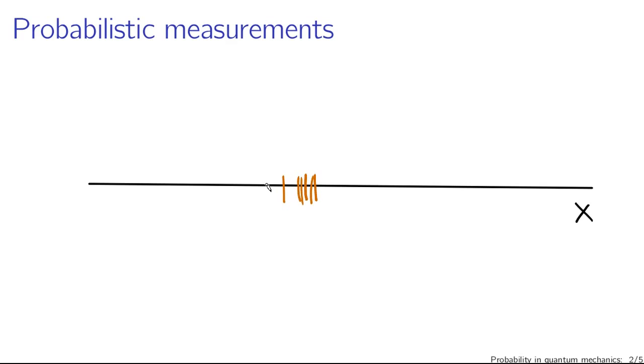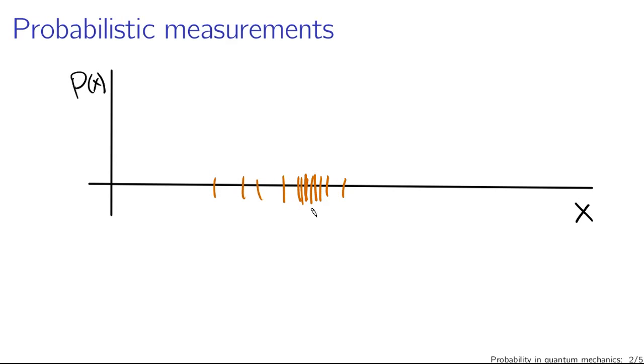If I repeat this experiment many times, I'll get a variety of measurements at a variety of locations. And maybe they cluster in certain regions, or maybe they're very unlikely in other regions. But this distribution of measurements, we can describe mathematically with a probability distribution. A probability distribution, for instance, I could plot P of x here, and P of x tells you roughly how many, or how likely you are to make a measurement.